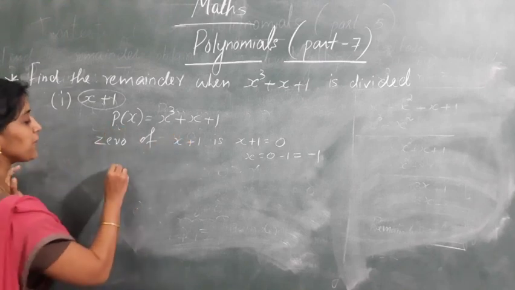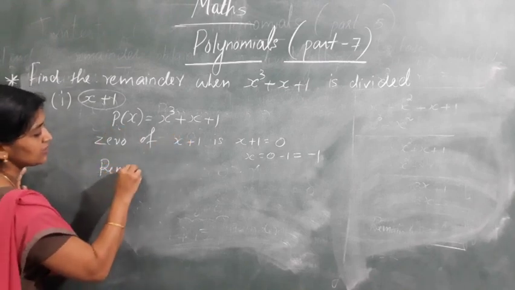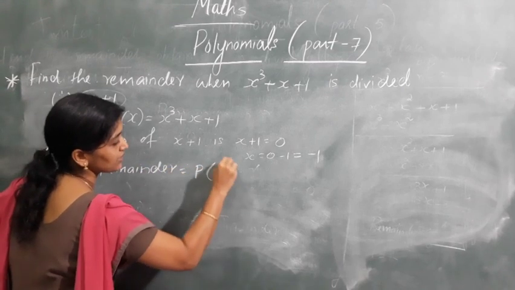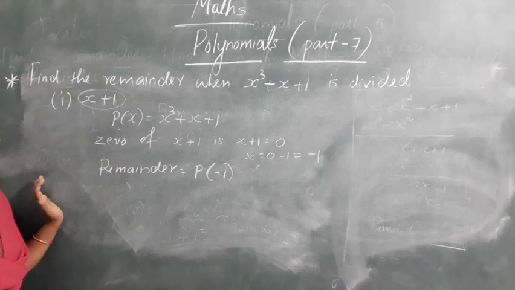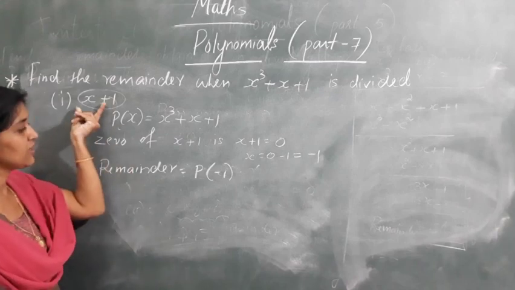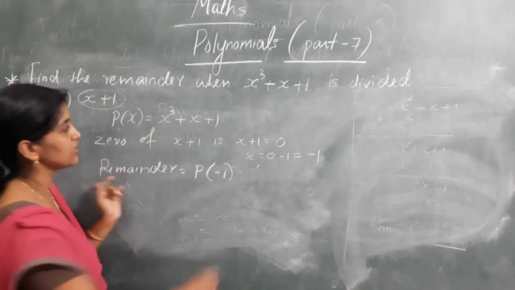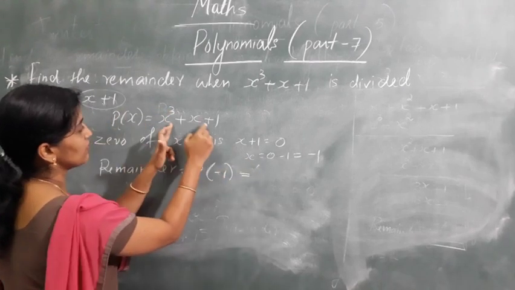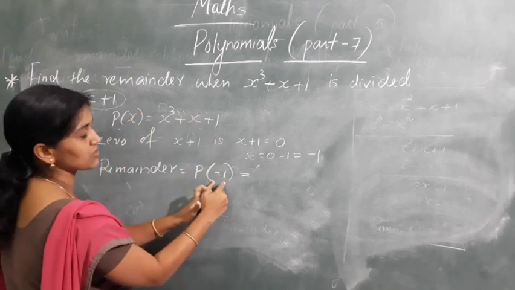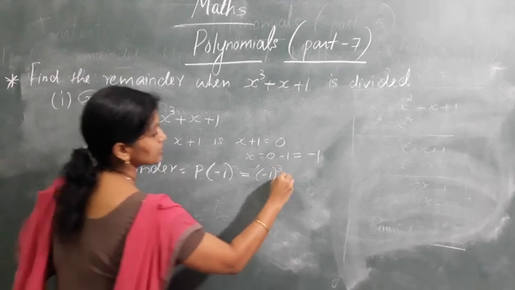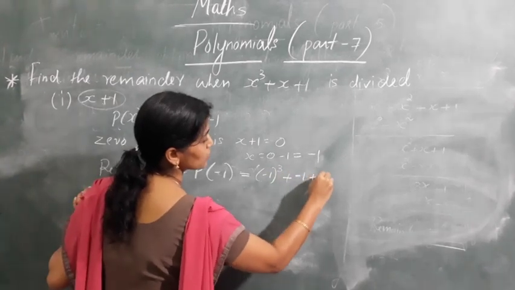So what will be our remainder according to the remainder theorem? The remainder is equal to p of minus 1. We find the zero here, then p of that value will be the remainder. P of minus 1 is the value of this polynomial at x equal to minus 1. So minus 1 cubed plus minus 1 plus 1.